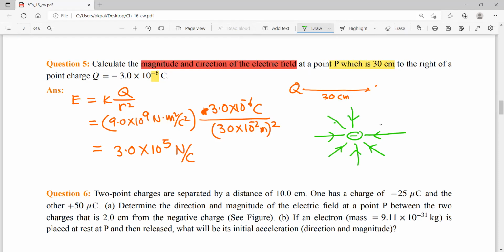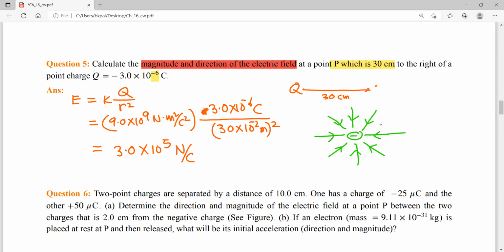For negative charge, the direction of the electric field lines are toward the negative charge. So in our case, it will be to the left. This is our point P, this is our negative charge, so the direction of the electric field at this point will be to the left.